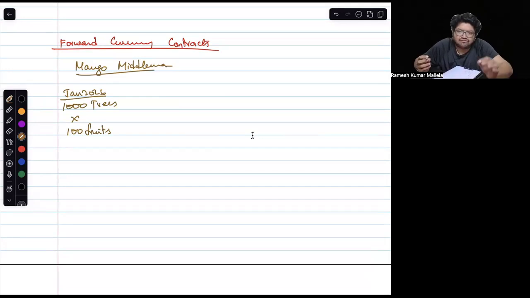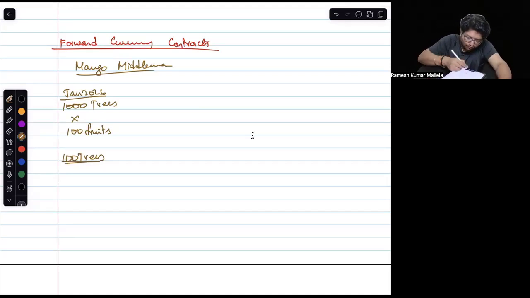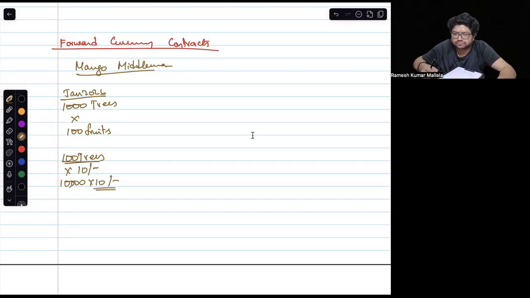I went to him in January 26 and told him, if you give me 100 trees, I will give you 10 rupees for each fruit. So I am entering into a contract with him for 10,000 fruits at 10 rupees. Yes or no? Yes, sir. Now, what will this mango farmer think?